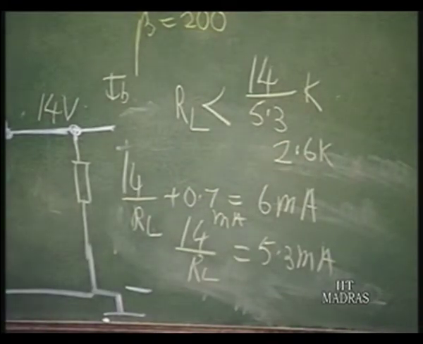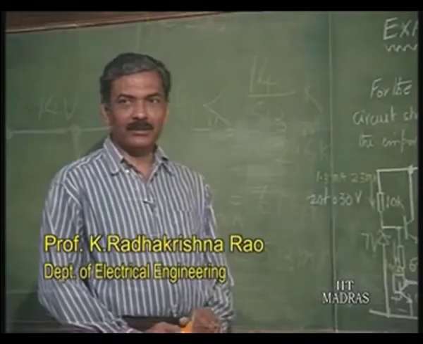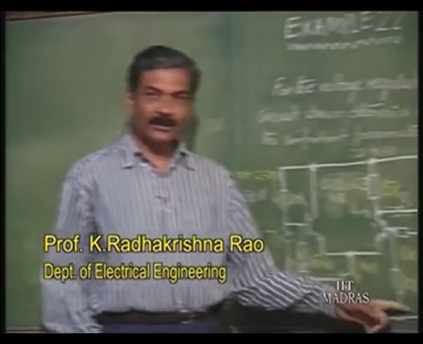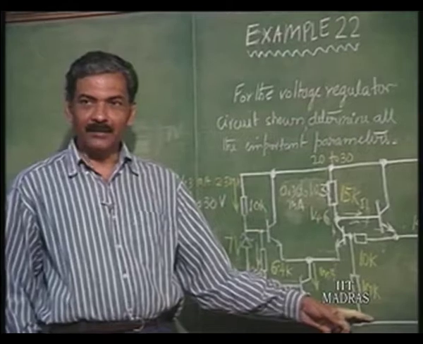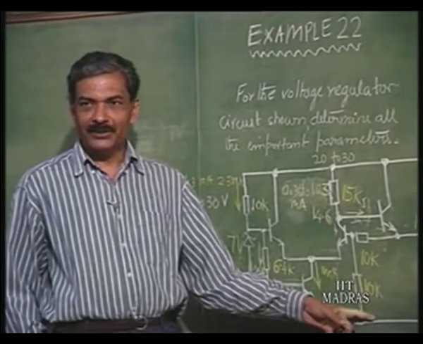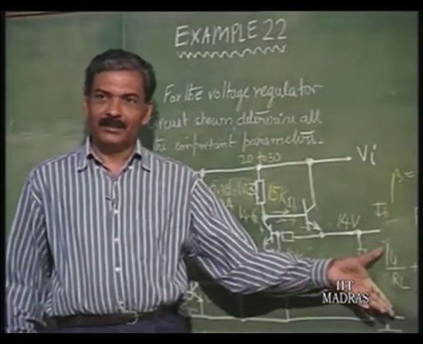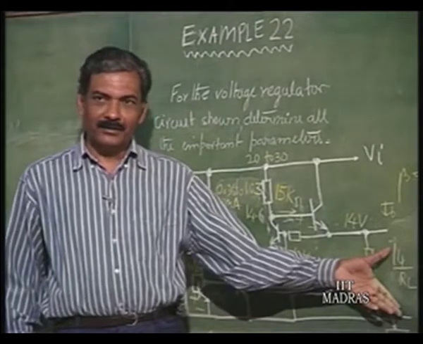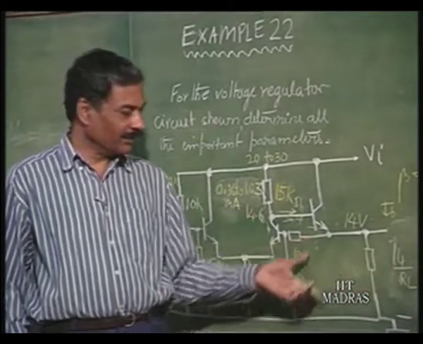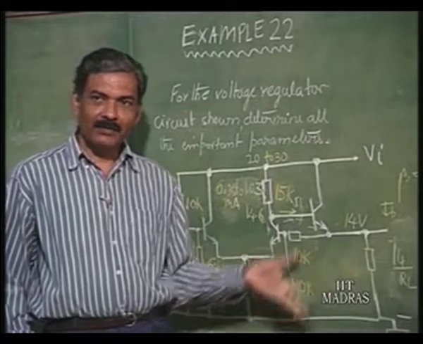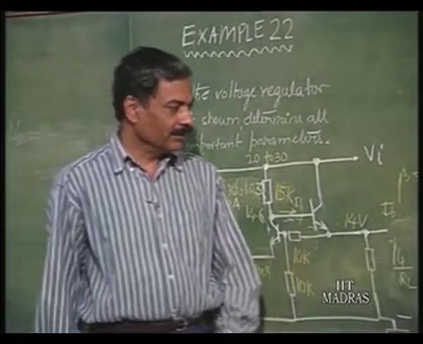That means we could have done this more easily, a better design would have been to select this R1 R2 combination itself as 2.6 K. So, there is no question of our, right, not 2.6 K, 2.6 K parallel 20 K, whatever resistance that is, that R1 plus R2 itself could be that. Okay.